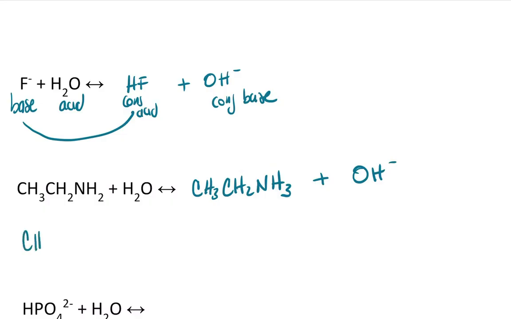So you have CH3, CH2, nitrogen, and it's combined over here, and you have that lone pair of electrons there available. The lone pair of electrons is the one that accepts the proton. This is my acid, the base, its conjugate acid, and the conjugate base.